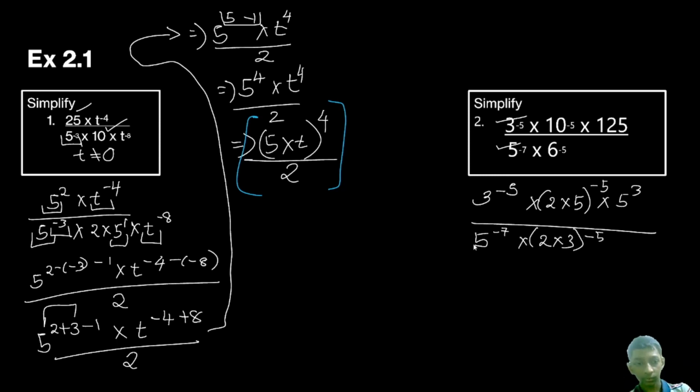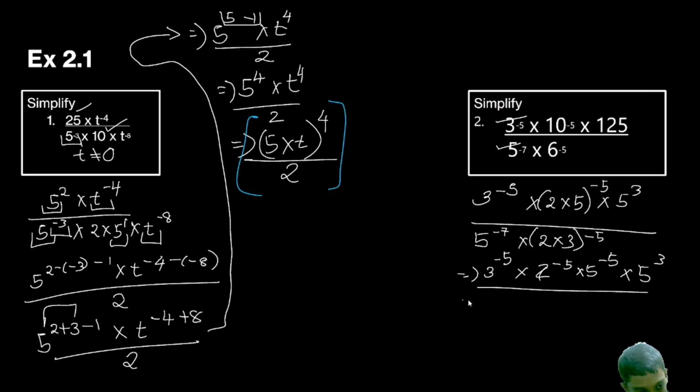So let's remove the bracket. So this will be 3 raised to the power of minus 5 into 2 raised to the power of minus 5 into 5 raised to the power of minus 5 into 5 raised to the power of 3, divided by 5 raised to the power of minus 7 into 2 raised to the power of minus 5 into 3 raised to the power of minus 5.